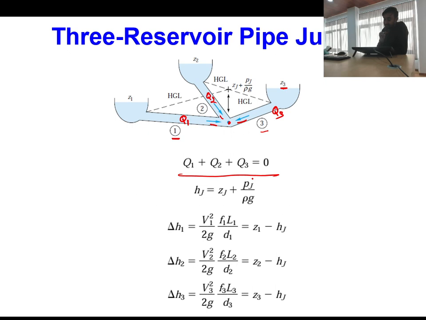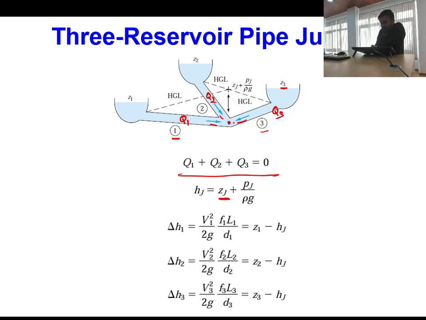Then the second important point we need to consider is that we need to define the elevation or head at this junction. So what will be the head at this junction? The head at the junction point will be nothing but the potential head plus the static head. So say Zj is the potential head, and say Pj is the pressure at this junction point.